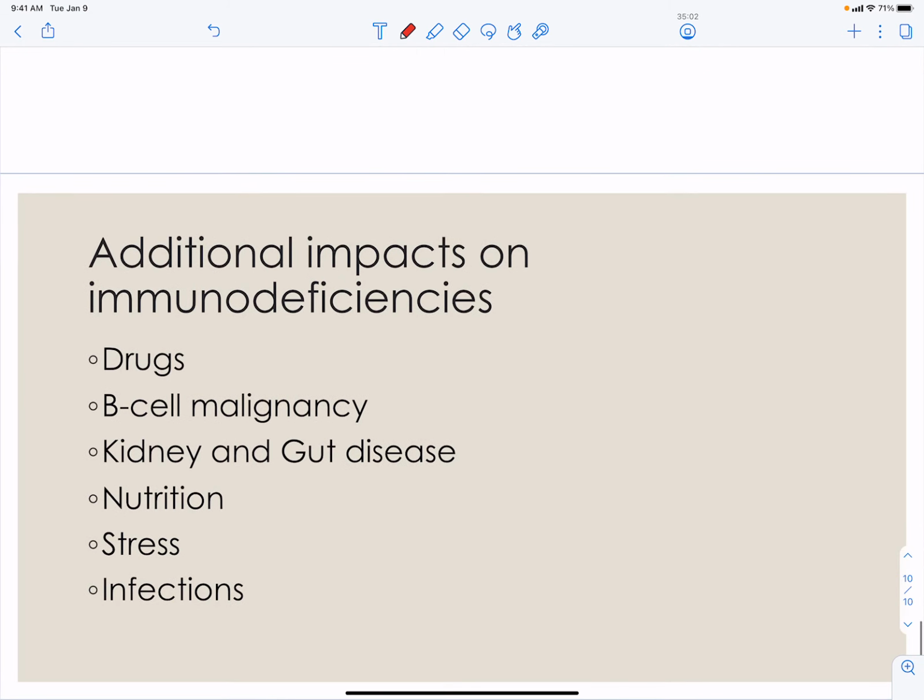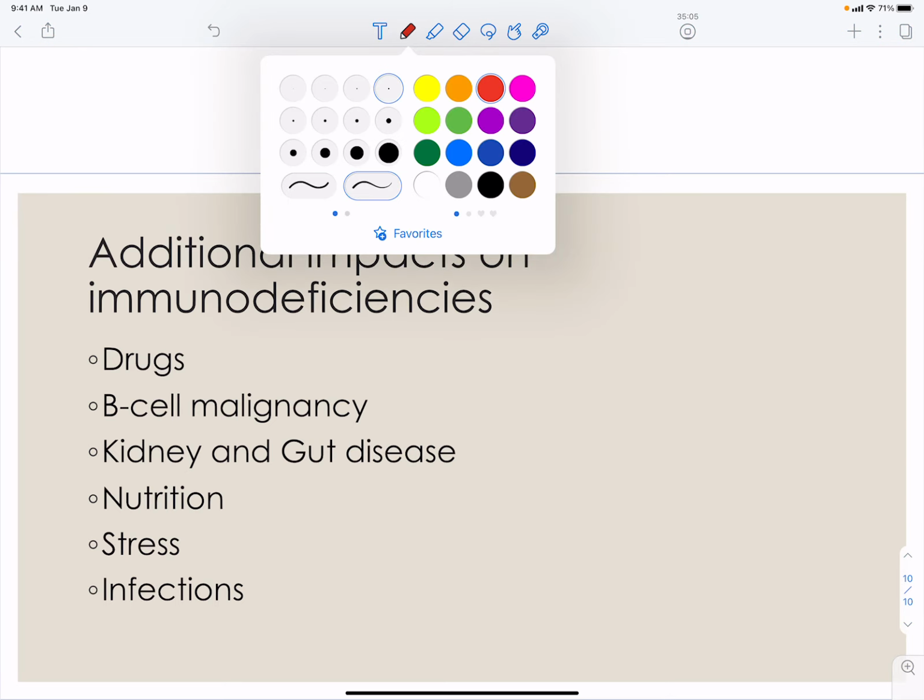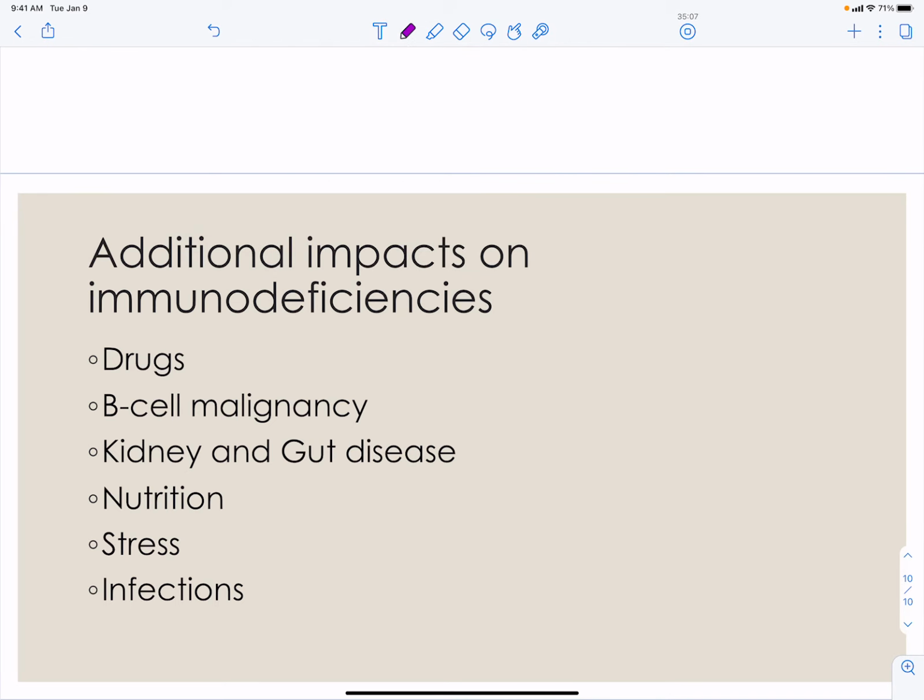Okay, so let's talk just very briefly about additional impacts. So we have drugs. Drugs are going to be very common. There are a lot of different drugs that can cause immune deficiencies. And what's key about drugs is that removal of the drug removes the deficiency.